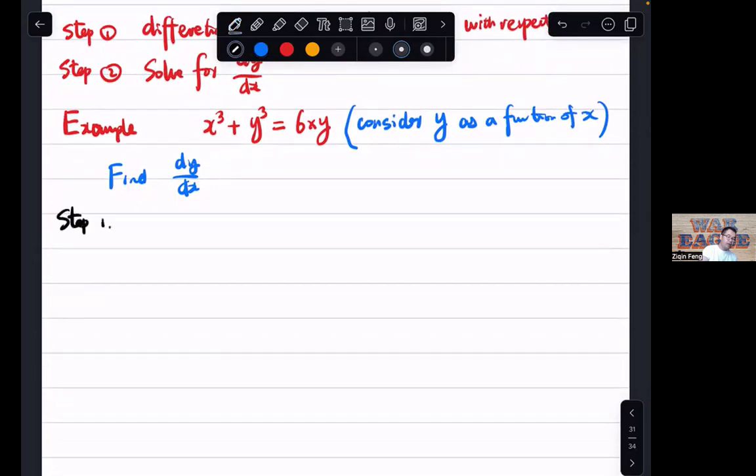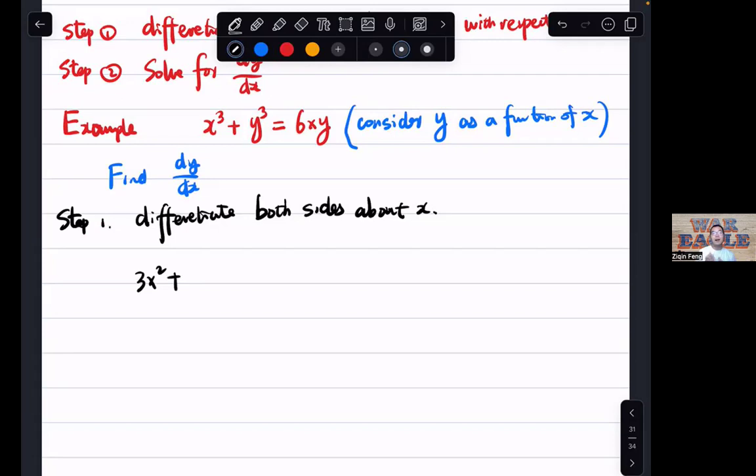Step 1 here is differentiate both sides about x. What's the derivative of x cubed about x? Just 3x squared, that's easy. Second term, y cubed. Consider y as a function of x, but we don't know the function form. While y is still a function of x, so this is basically a composition of two functions.